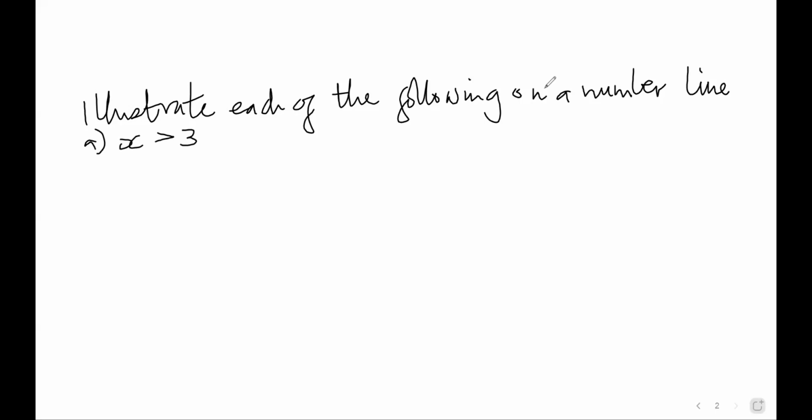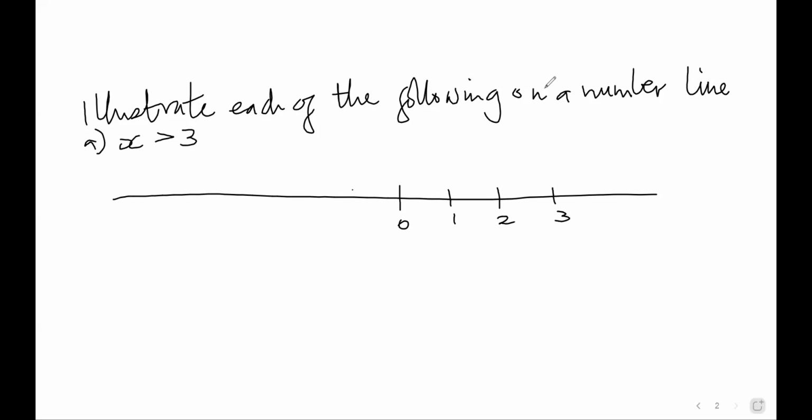So to illustrate this on a number line, you plot just like the way you plot. This means x is greater than 3. So you draw that circle at 3.